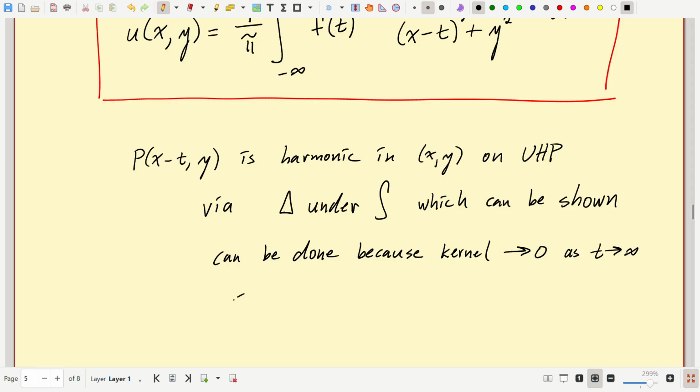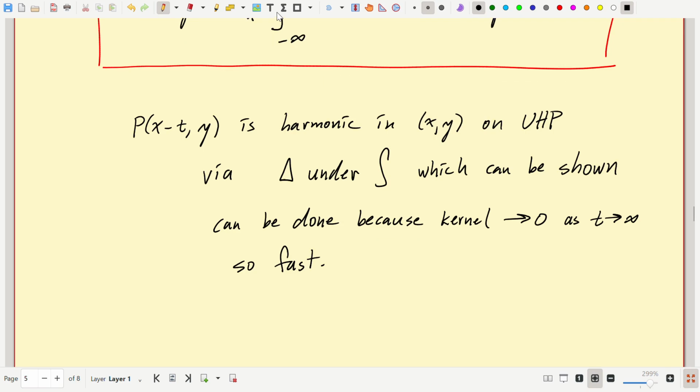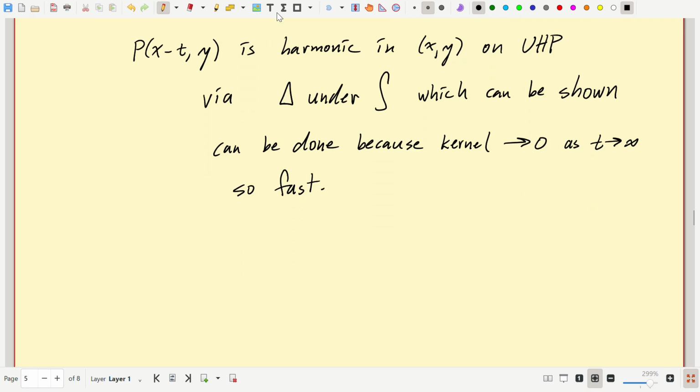Okay, and now we need to show that the boundary values are the right thing. And that comes from exactly the argument we did before. It's a good kernel.